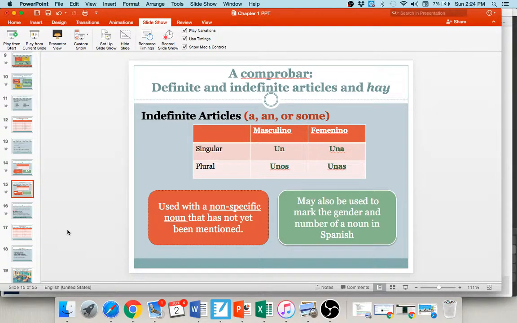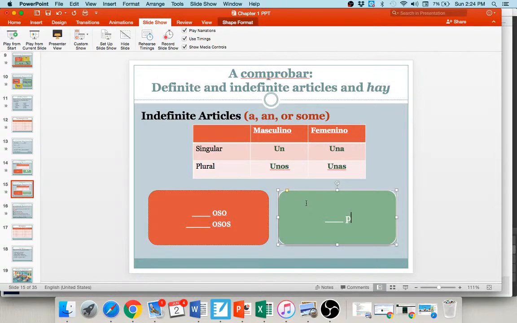We have some indefinite articles. This is how we say a or an, and also some. So you have un and una that both mean a or an, and you have unos and unas that both mean some. So let's go back to our example with oso and osos, and pizza and pizzas.